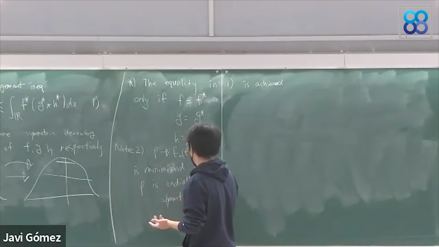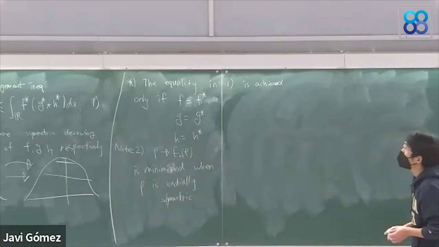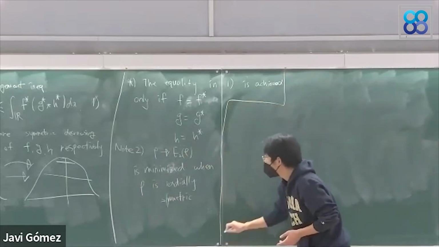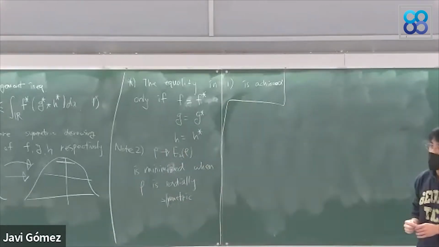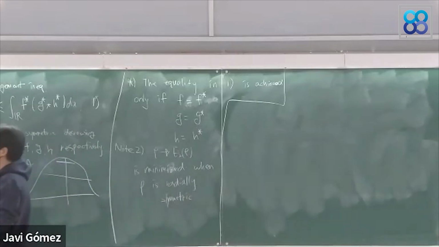That's it. So we already have some intuitions about the minimizers of these two functionals.